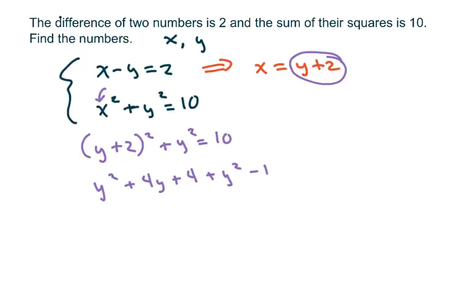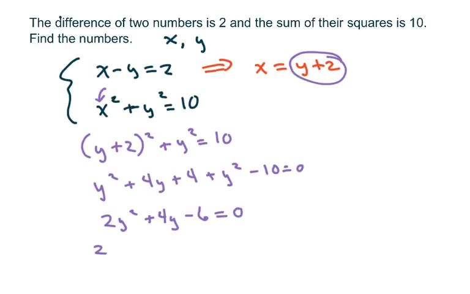I'm going to go ahead and subtract the 10 from both sides. So you get 2y squared plus 4y minus 6 equals 0.